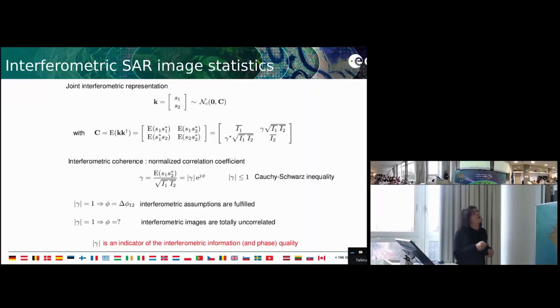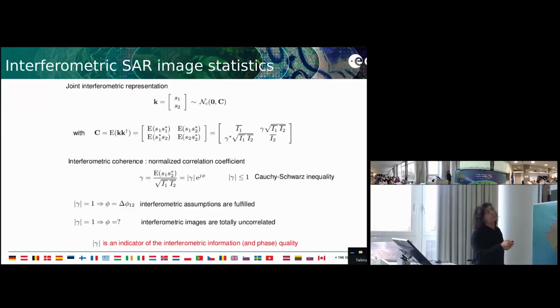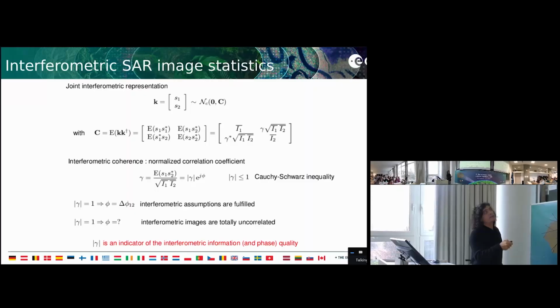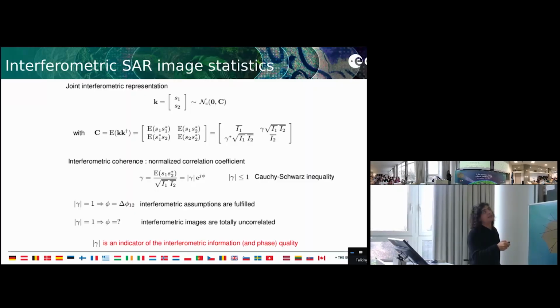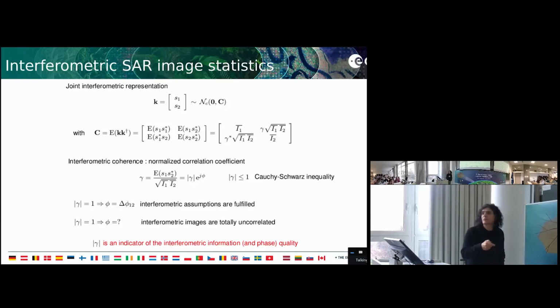You average this, and at the end, you see that this cross correlation can be factorized as a term called the normalized cross-correlation coefficient.